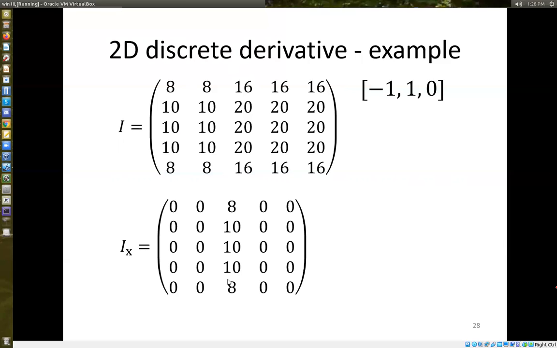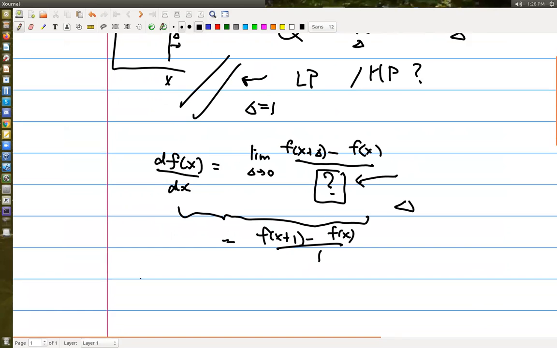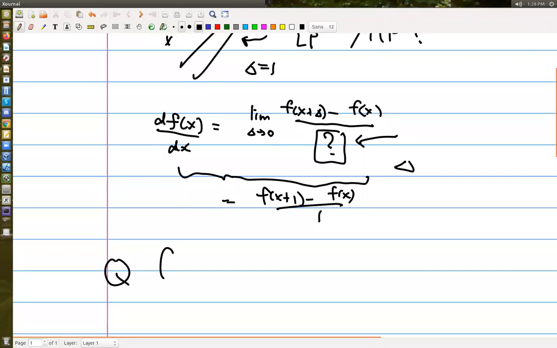So how do I detect a horizontal edge? What filter should I use?